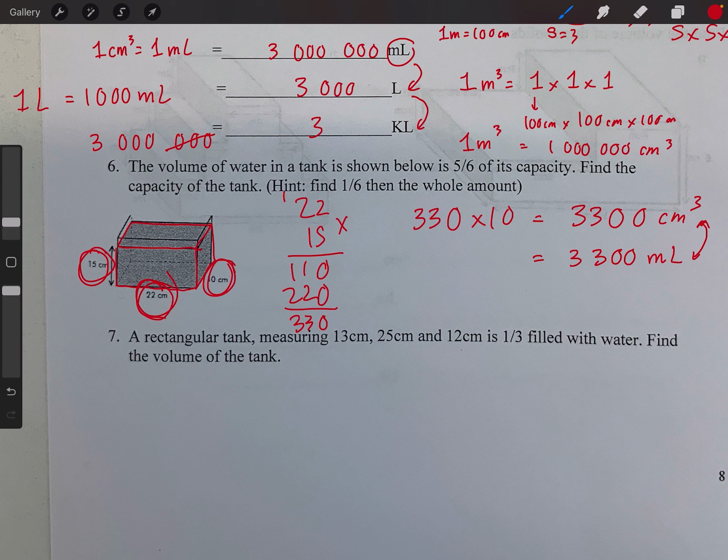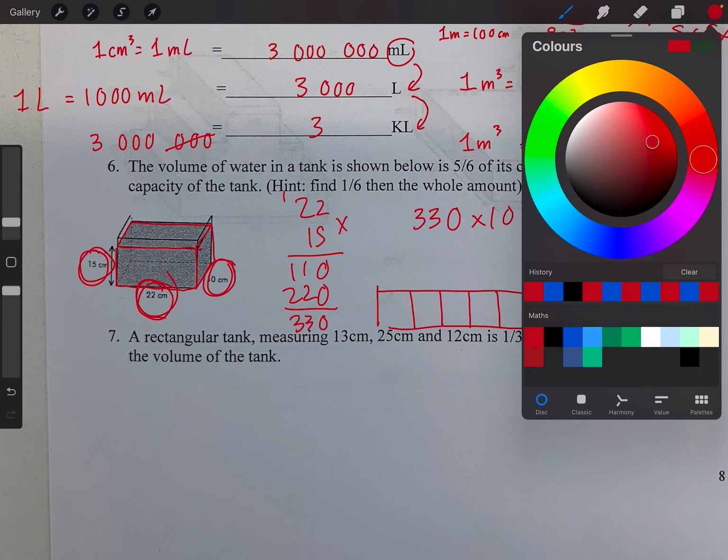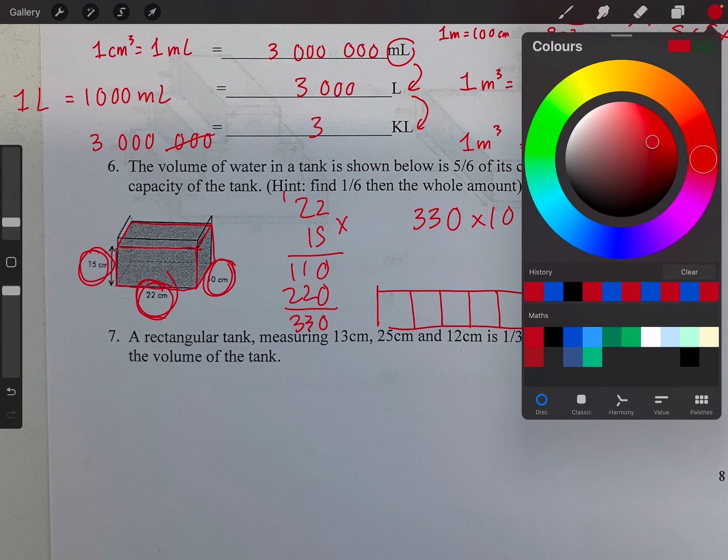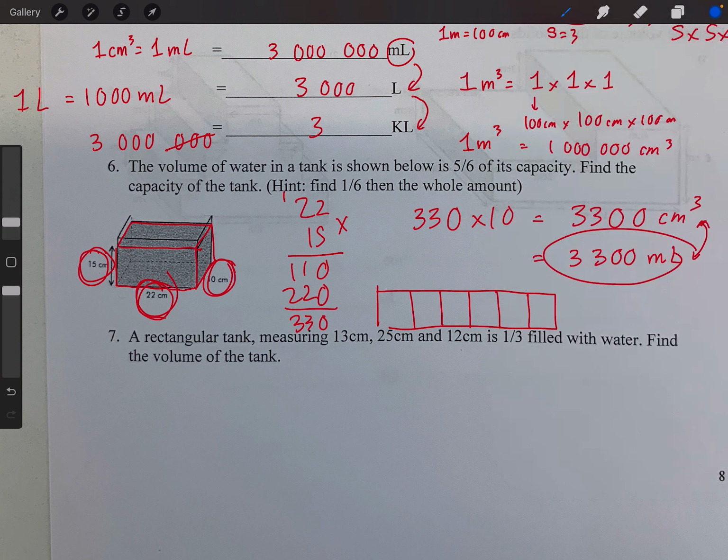Now this amount is 5/6 of the amount of water that the tank can hold. So imagine I've got a tank divided into 6 pieces, and now I take only 5 of them: 1, 2, 3, 4, 5.